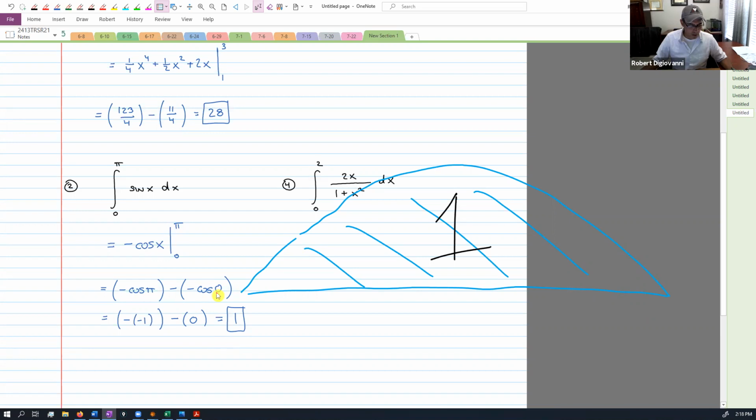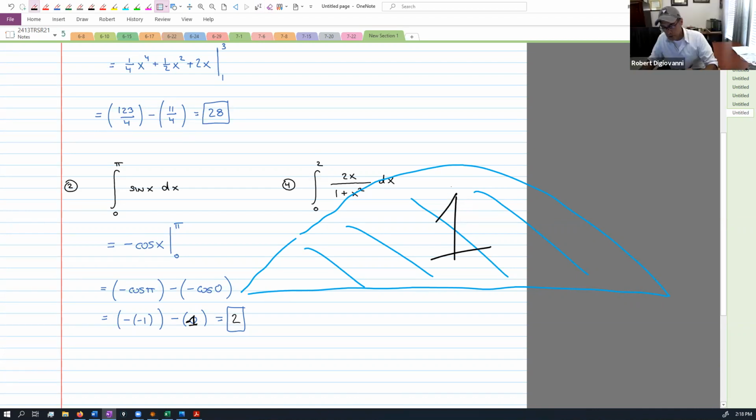I got 2. It's 1. Yeah, okay, sorry, I wasn't paying attention. I didn't put the second negative. Cosine of 0 is 1, so that's -1, but then you're going to subtract a -1, so it's +1. Okay, this should be 2. Yeah, that's what I got. Thank you for pointing that out.